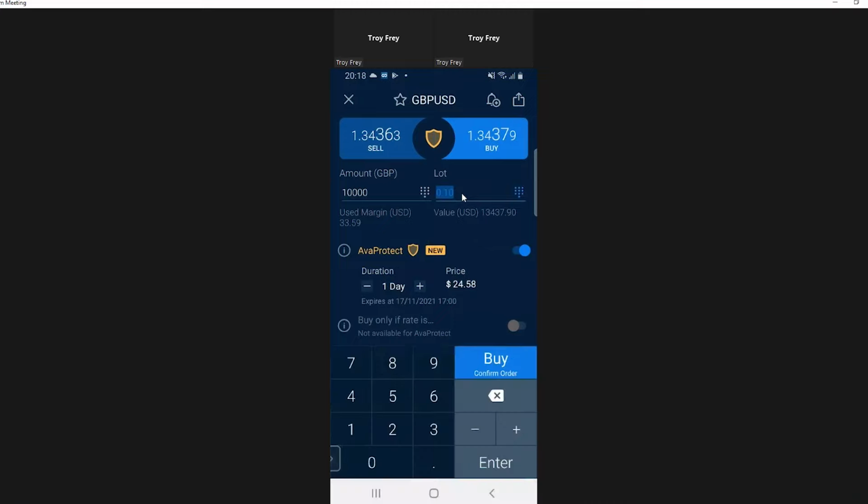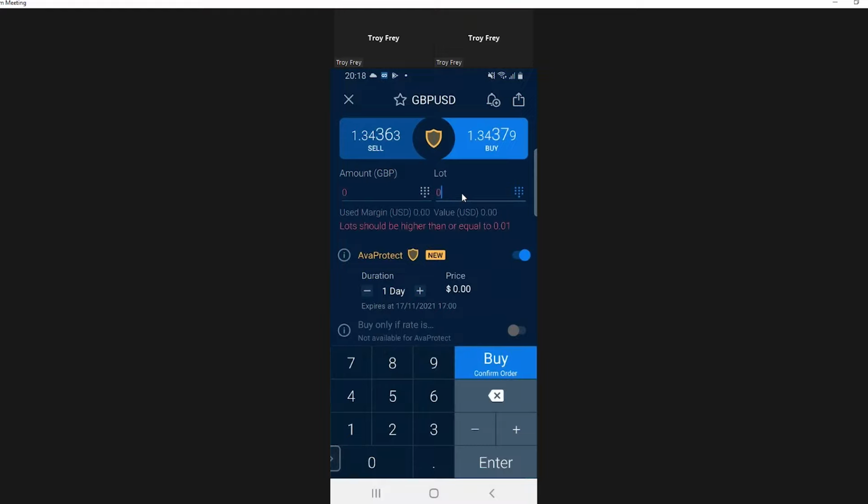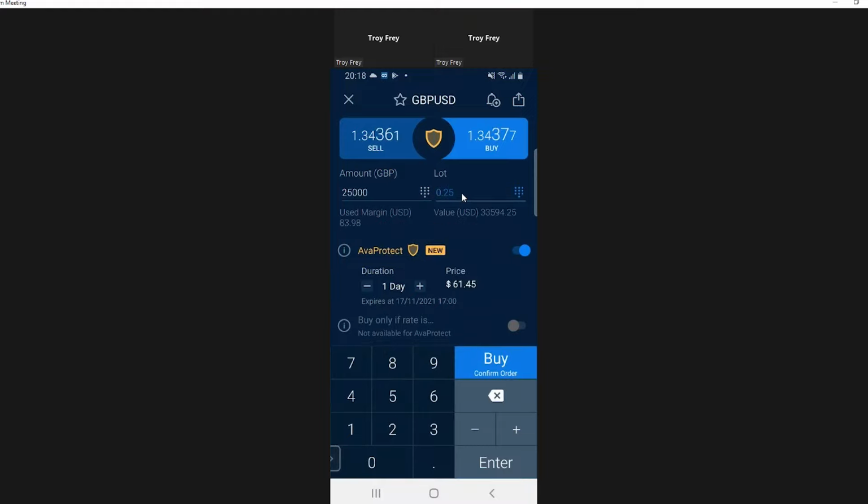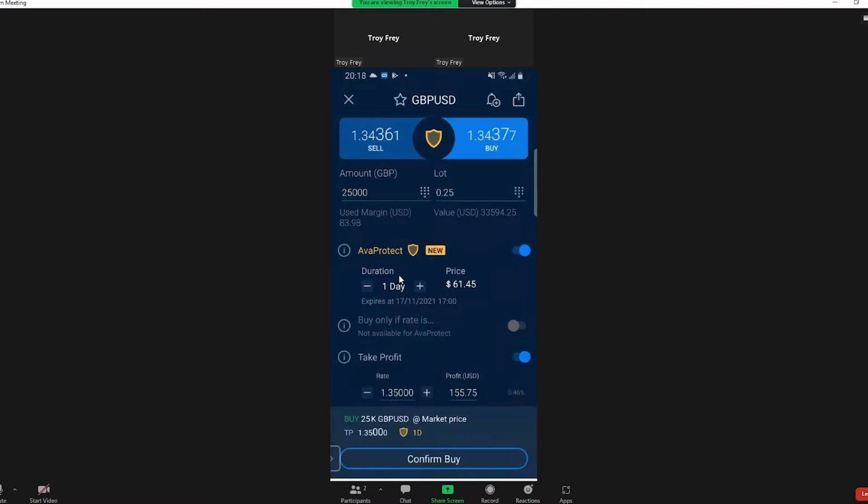So I come in here and I say, maybe I want 0.25. All right. Now my protection is only costing me $61.45. And my potential profit you see down here is over $156 or approximately $156. And so if I like that position, then I click buy. Confirm buy, I should say, at the bottom.